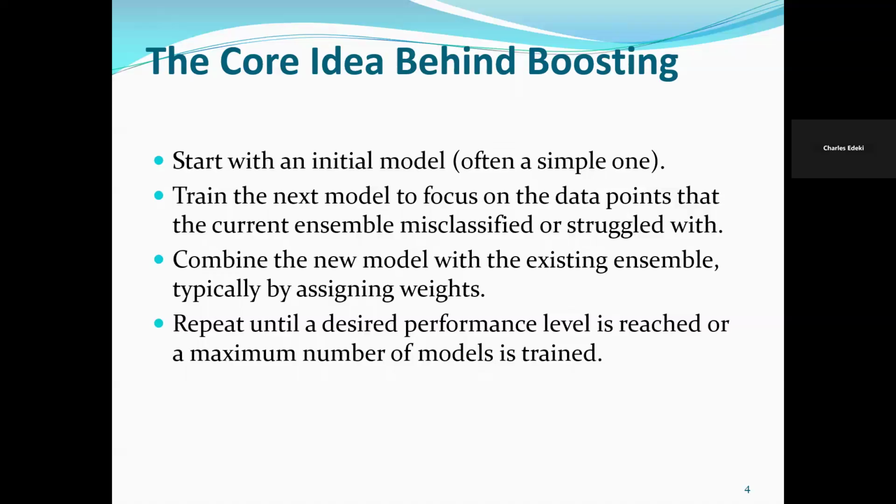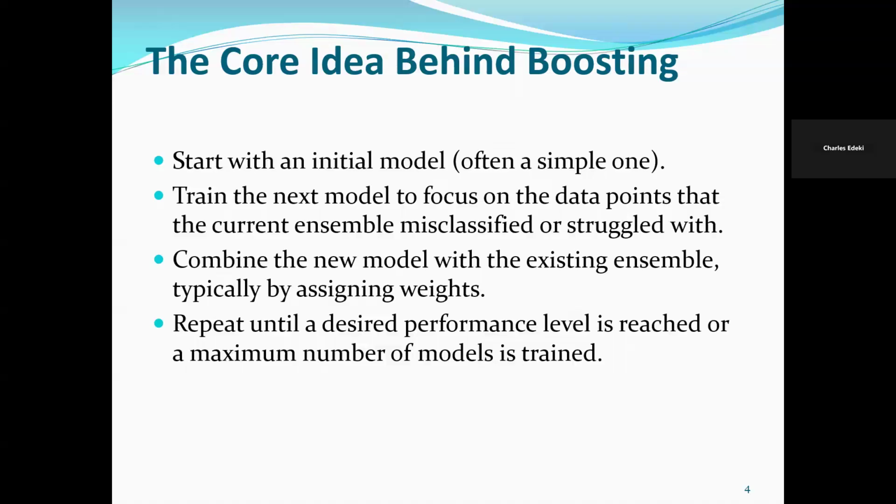So the essence of boosting lies in its sequential and adaptive nature. That's why one of the family of boosting methods is AdaBoost, adaptive boosting, adaptation.